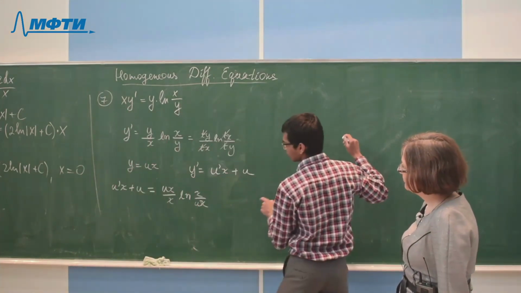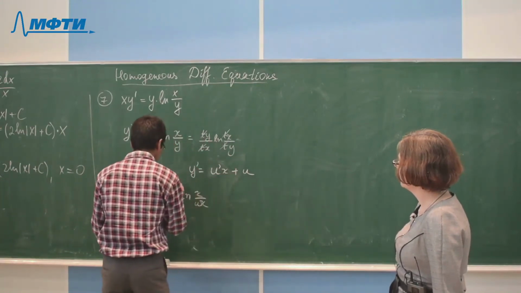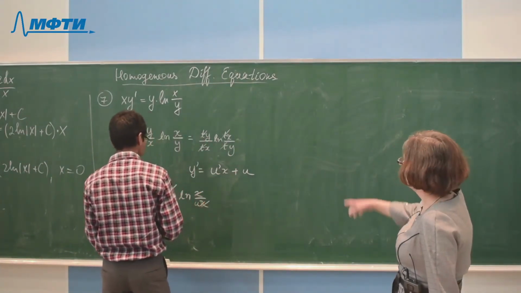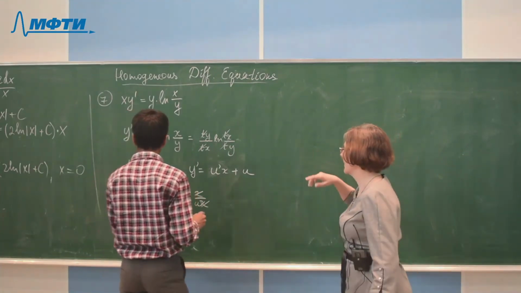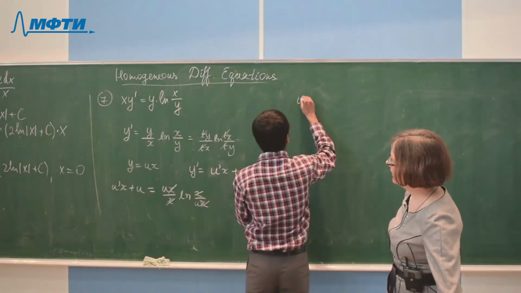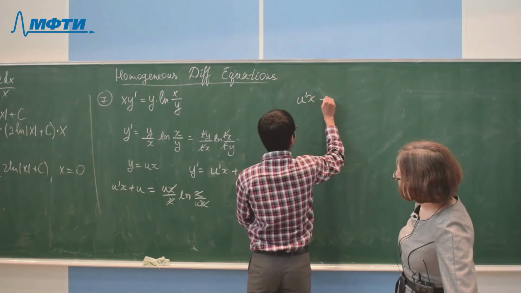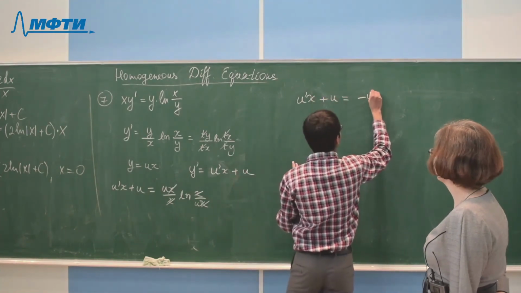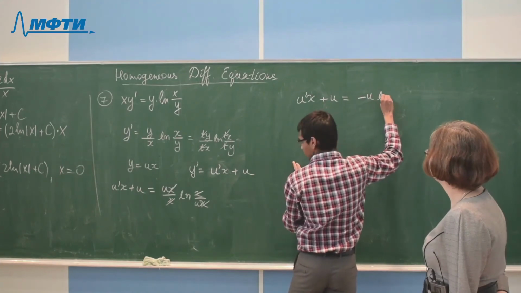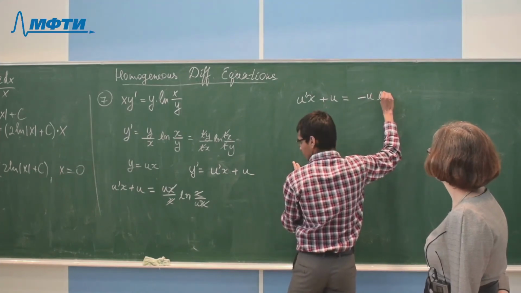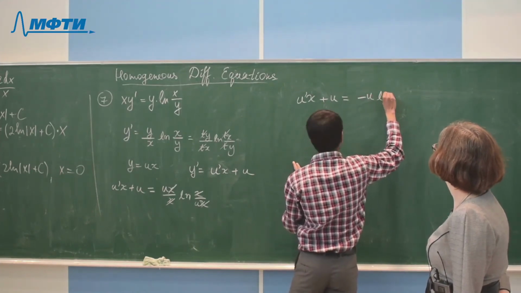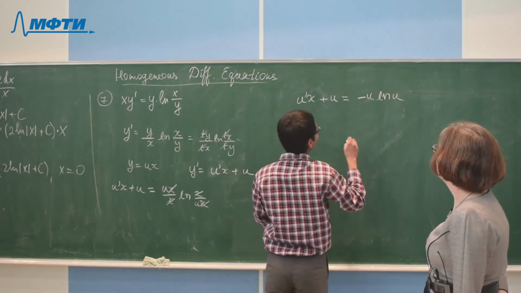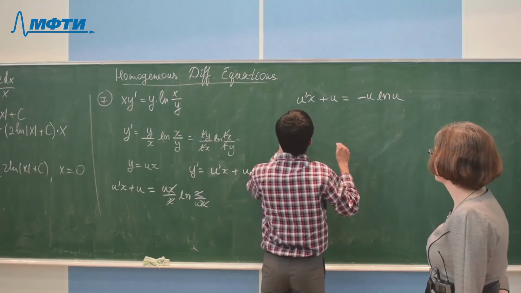And now rewrite this equation: u prime x plus u equals... that's correct. Then try to separate variables.